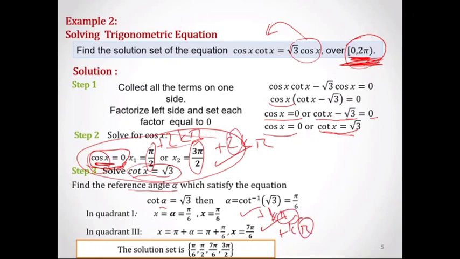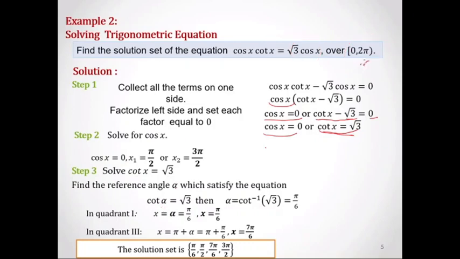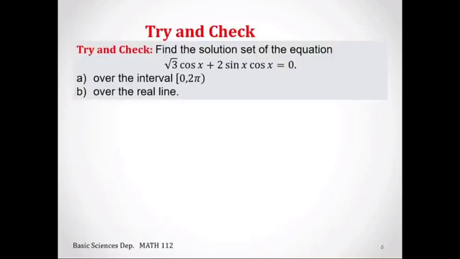Then you add k pi and 2k pi to these numbers, and you say k is an integer, and it will give you the general solution. Anyway, this is solved.